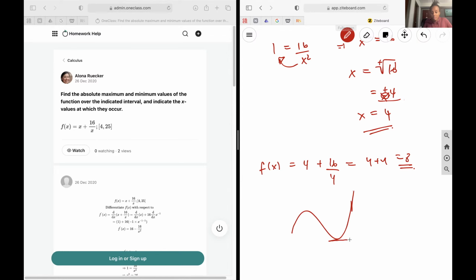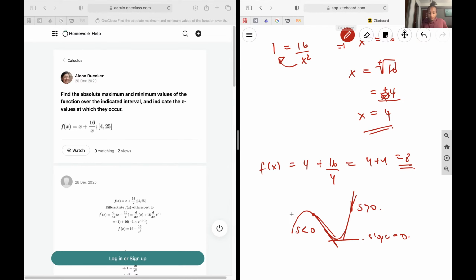So at extrema, we said that the slope is equal to 0. Now you'll notice that when the function is decreasing, such as here, the slope is less than 0, and when the function is increasing, the slope is greater than 0.